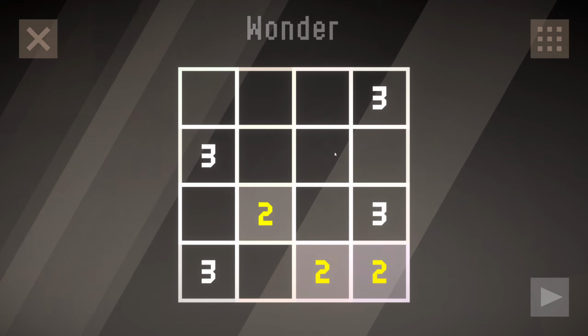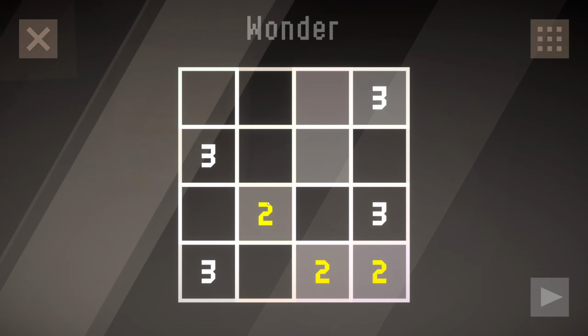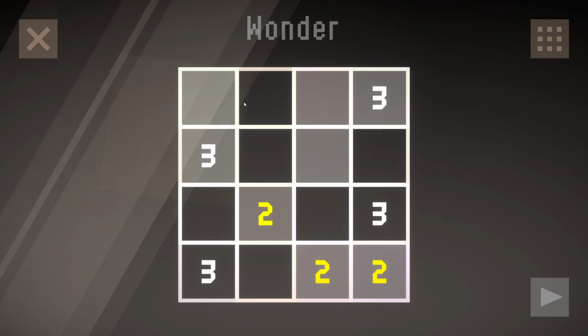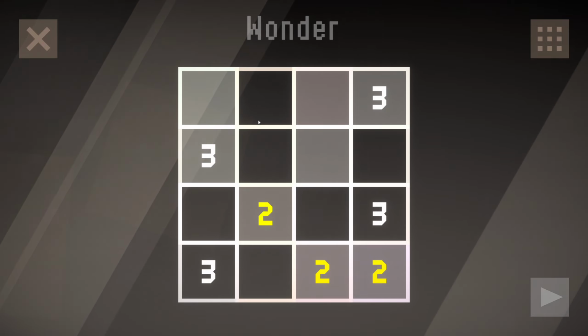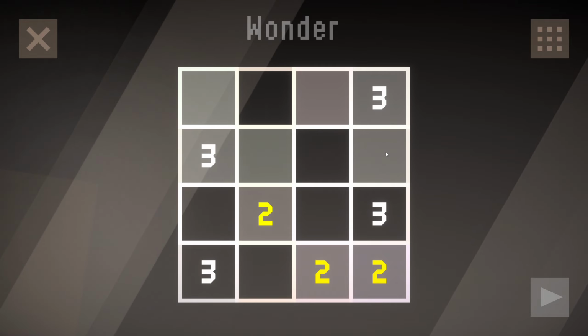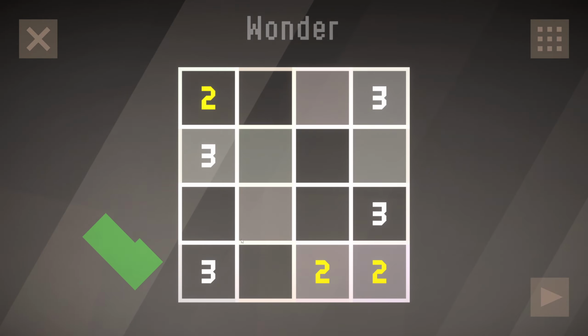How would I divide off 3? I could do that. Then if this 3 is negative, I need a bigger positive space.